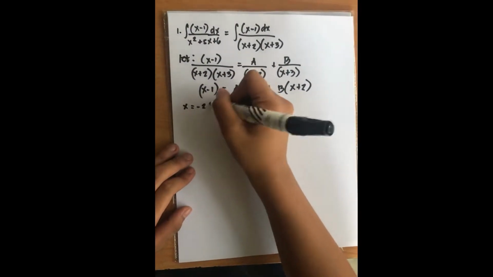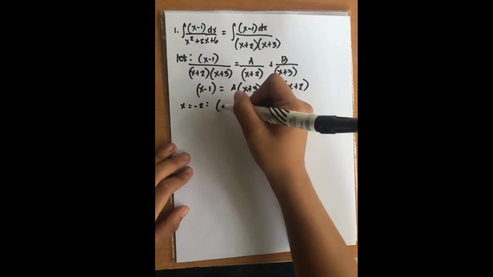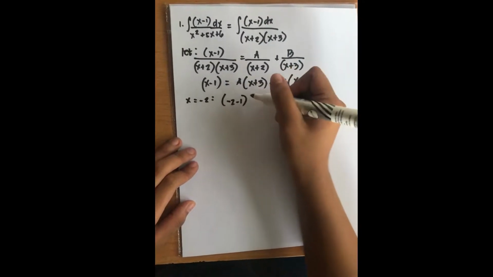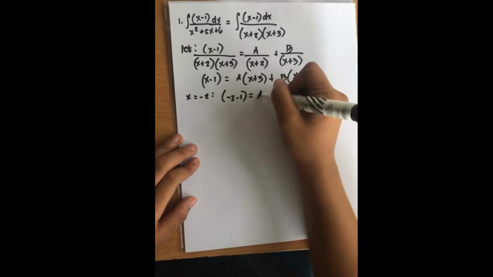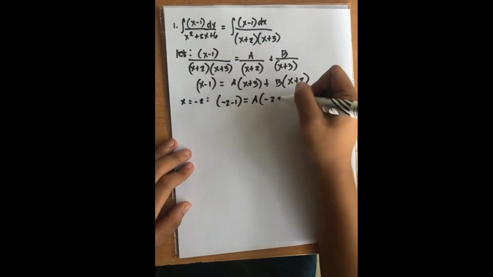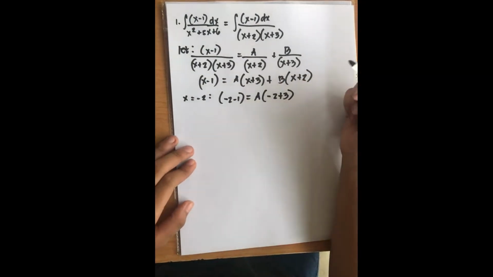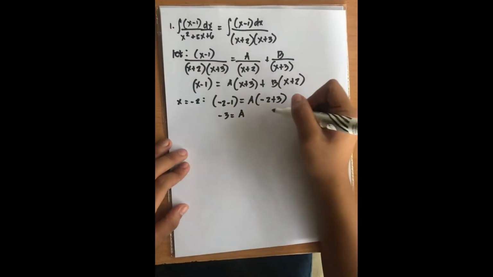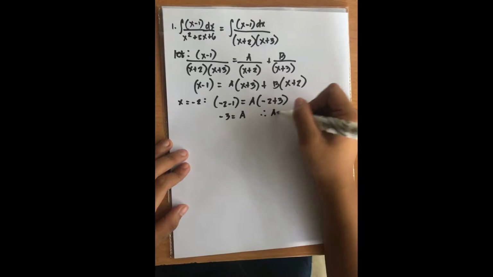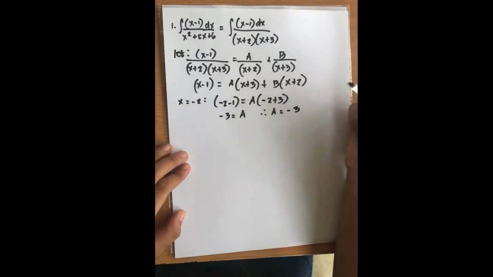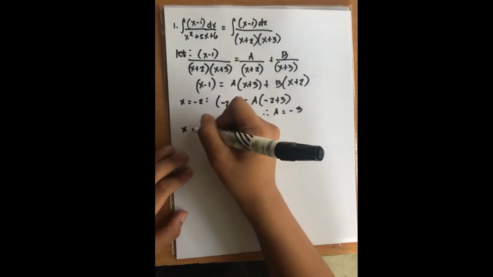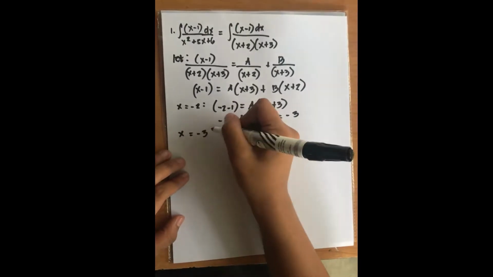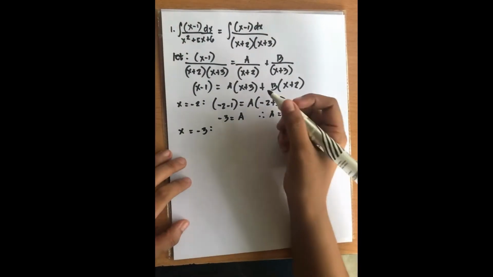If x is equal to negative 2, substitute: negative 2 minus 1 equals a times quantity negative 2 plus 3. So negative 3 equals a, therefore a is equal to negative 3. Let x equal negative 3.